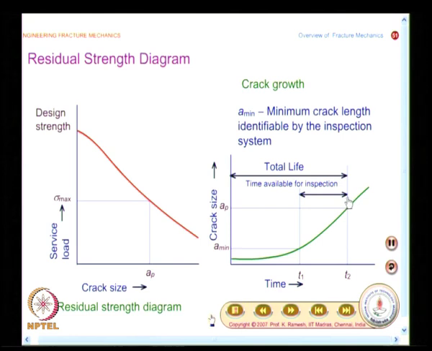Only on this basis would you be in a position to decide on the NDT schedule. In fact, in conventional design also, when you look at railway stations, when the train stops, there would be someone sitting below and hitting the bottom of the bogies at appropriate places.